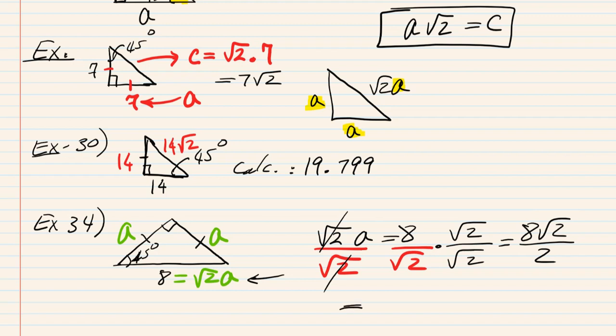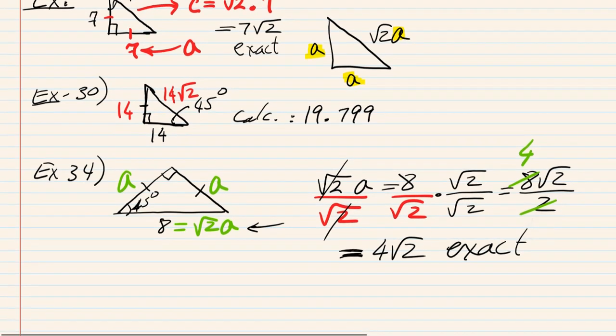And now that we have that, we can actually divide out the 2's, true? Right in here, and so the final answer is 4 rad 2. And again, this is what we call the exact answer. Okay, up here, this is exact. That means we did not use a calculator. Once you use a calculator, then it becomes an approximation.